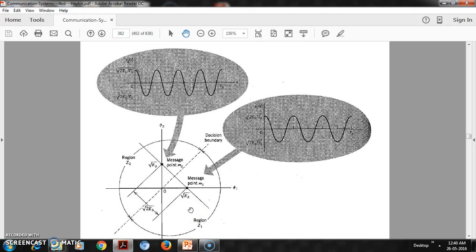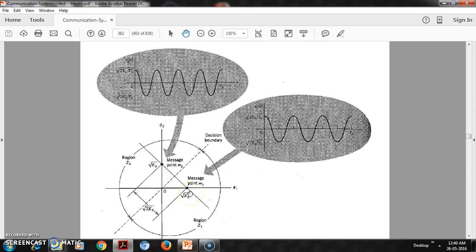S1 of t, remember, was the vector consisting of root EB and 0. So along phi 1 it was root EB, and S2, corresponding to symbol 0, has the vector 0 and root EB. So the coefficient of phi 1 is 0 and the coefficient of phi 2 is root EB.